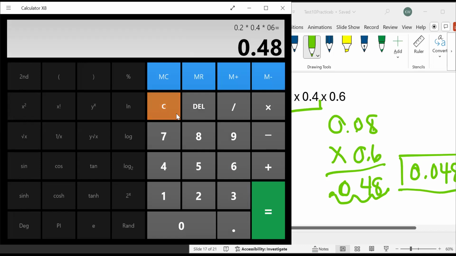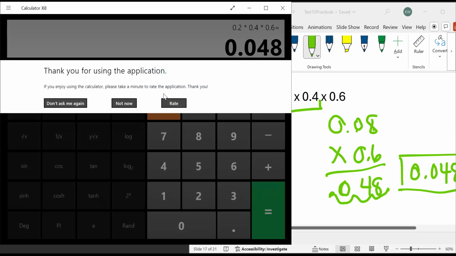I had a mistake with that dot again, so let's try it again. 0.2. Nope, see that dot's already missing. Try again. 0.2 times 0.4 times 0.6 equals 0.048.